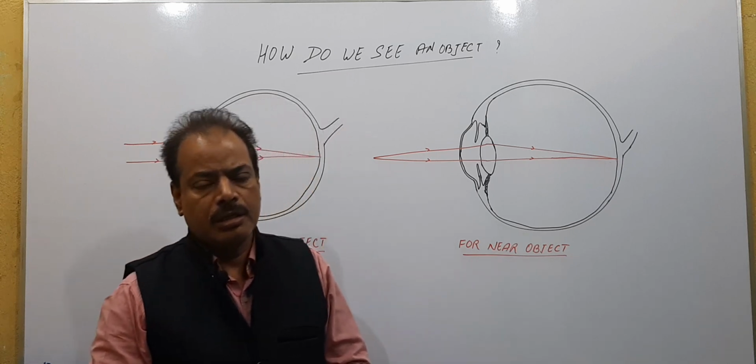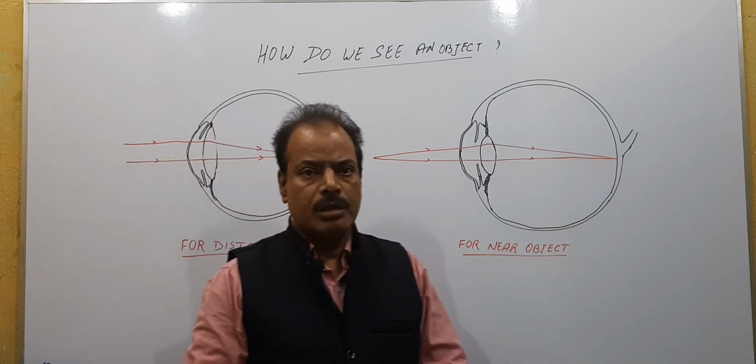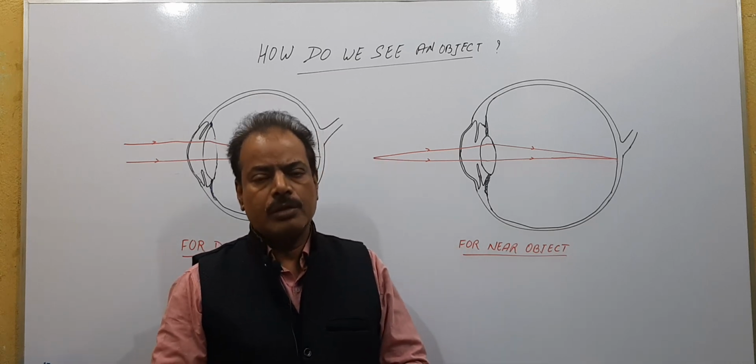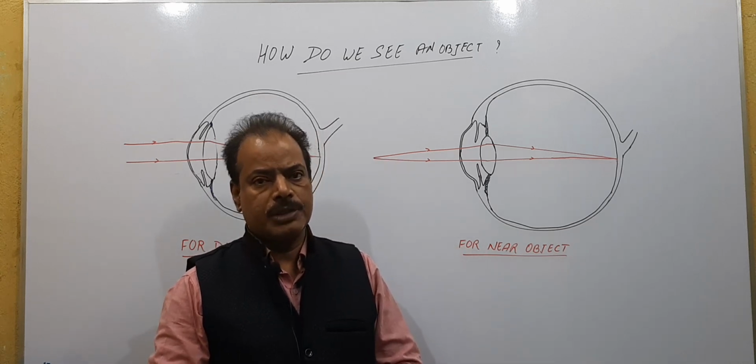So you can say how we see an object includes a number of steps.